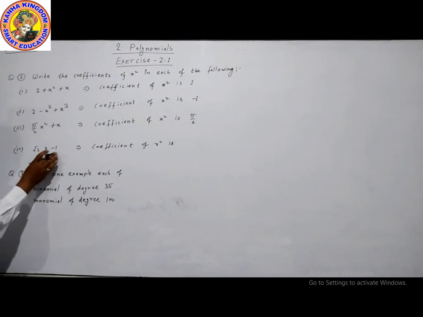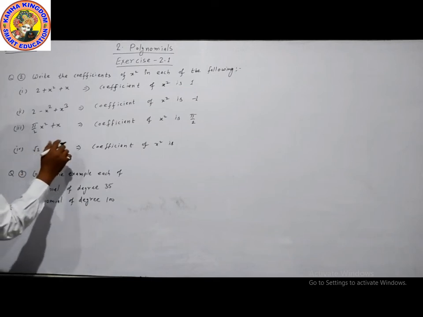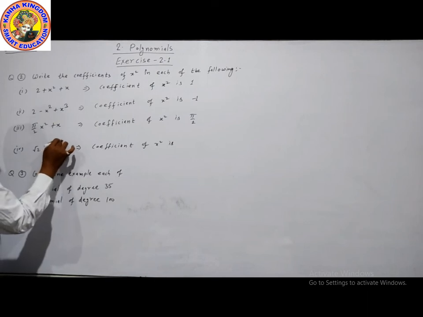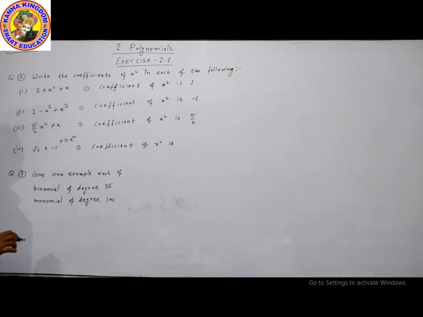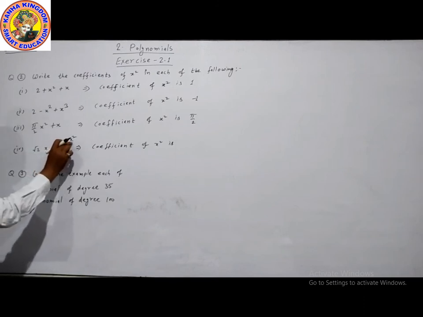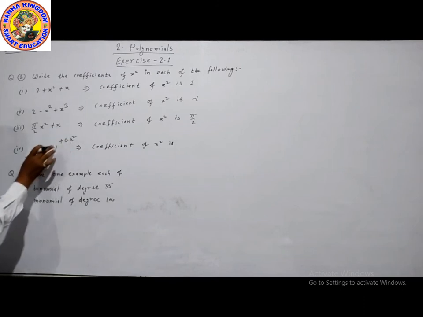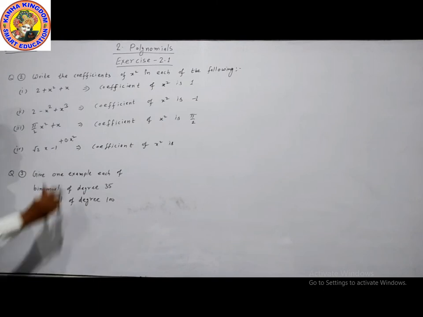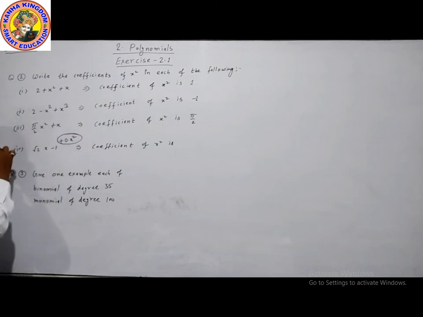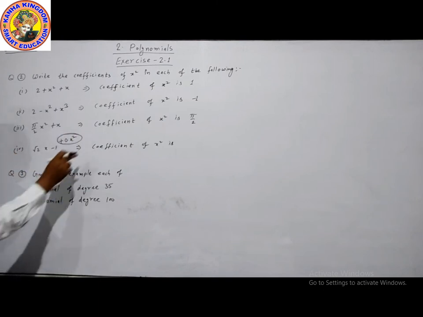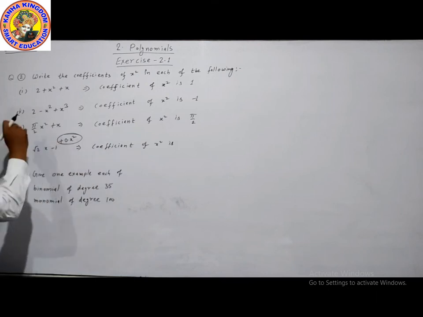Here in this equation we are not using x square, because we can write this equation in this term: 0 into x square is equal to 0, so the x square term will be absent. Now the coefficient of x square is 0.